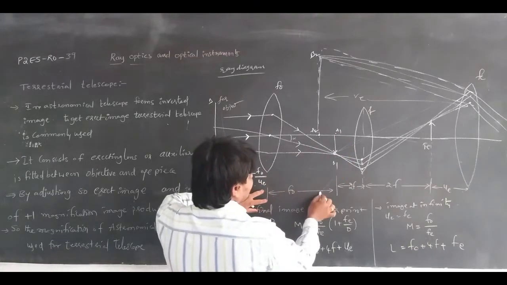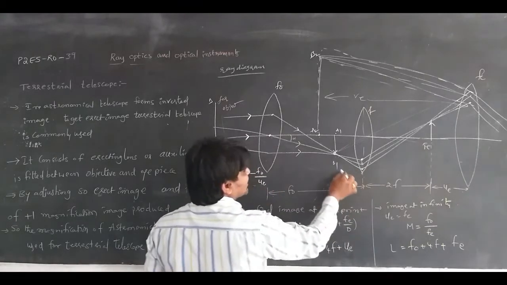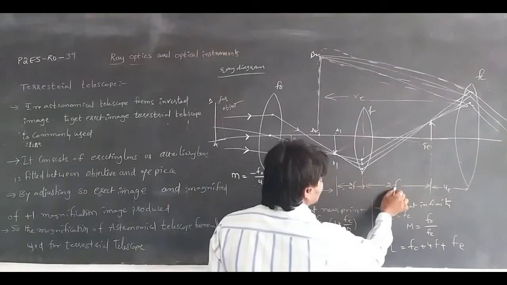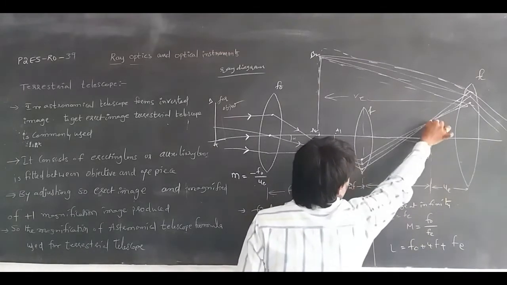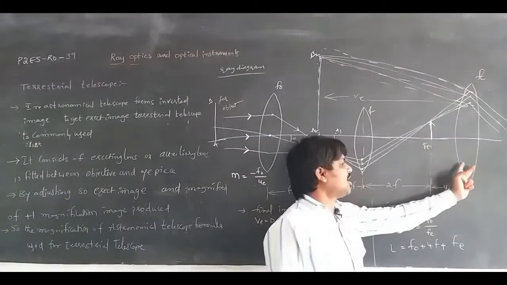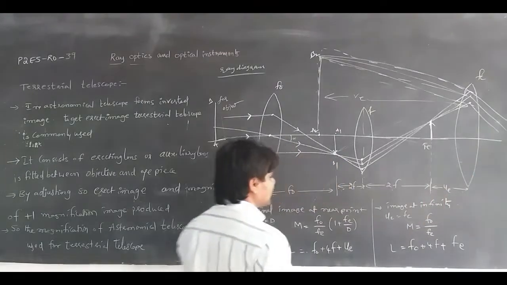The distance from the lens is twice the focal length, which is nothing but the radius, and there is an equal radius on the other side. The image is formed at this point, and this image behaves as the object for the eyepiece lens.